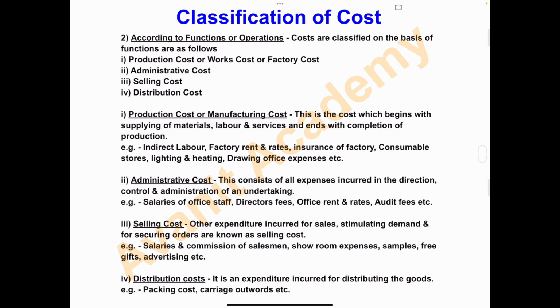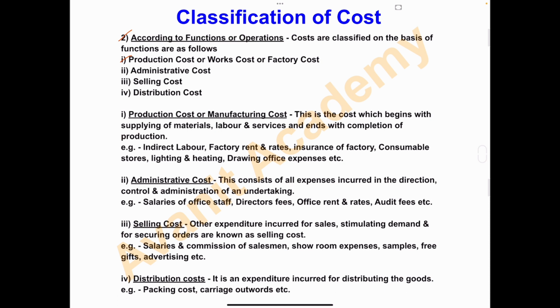Let's start with point number 2: according to functions or operation. Function-wise, costs are classified into four parts. Number one, production cost or work cost or factory cost. This production cost is also called works cost or factory cost.